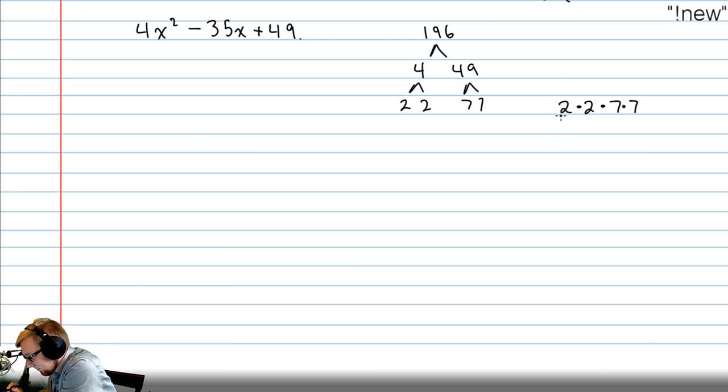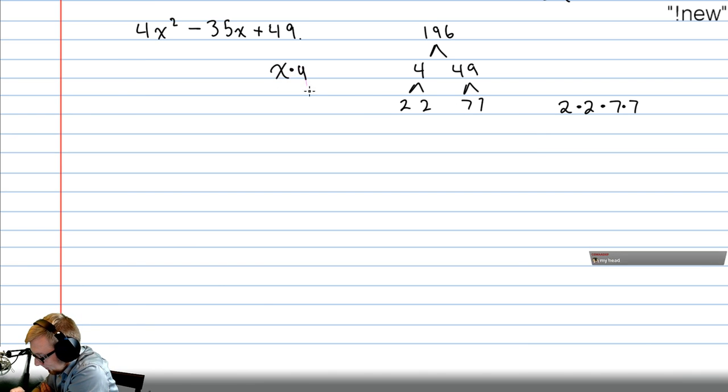Let me write this down real quick. Okay, you write her down. So we have 2 times 2 times 7 times 7, which is 4 times 49.